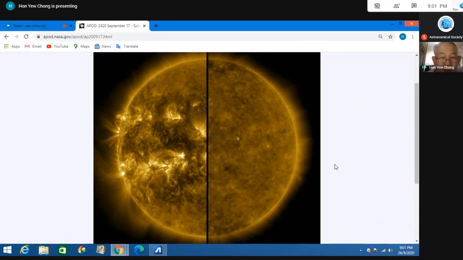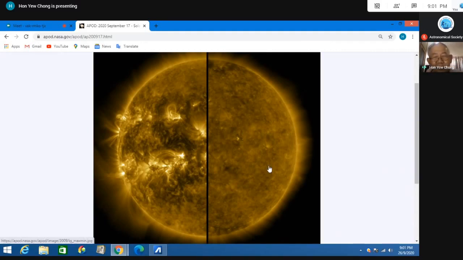But the data from the Solar Dynamics Observatory proves that the sun is actually a variable star. The energy output from the sun goes up and comes down, but not by much. She told me it's about 30 parts per million, but it can be measured by SDO. So now the sun is no more considered a stable star, but a variable star.